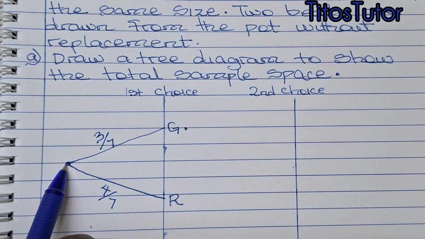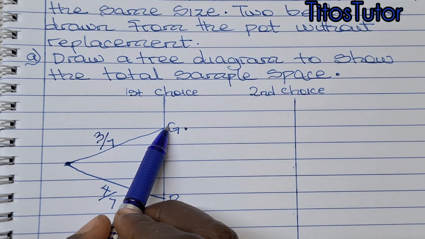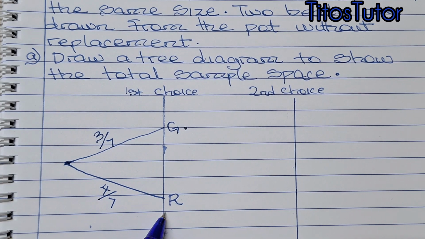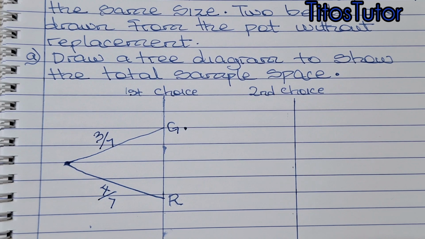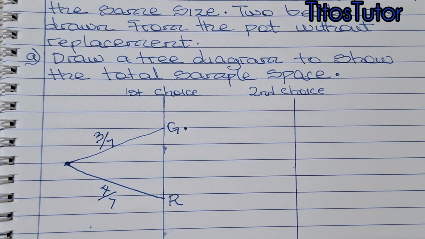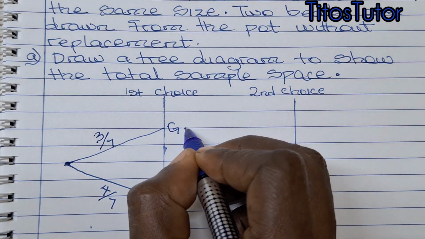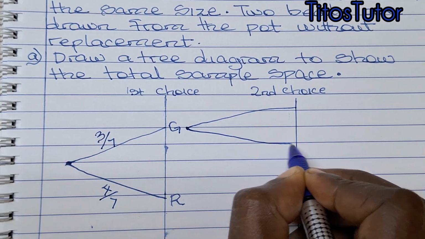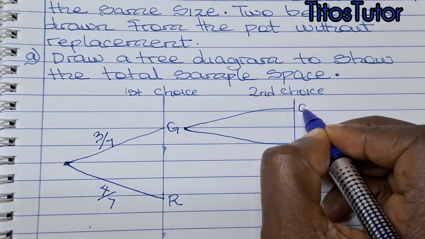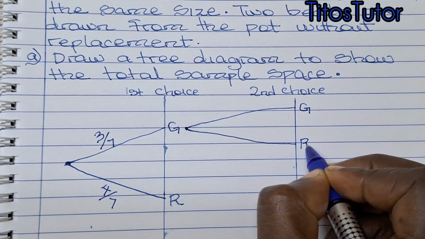This is your first choice, either a green or a red. But to get your second choice, you have to consider: what if it was a green I chose first? What if it was a red I chose first? So if it was a green, I have a second chance of choosing either a green again or red.